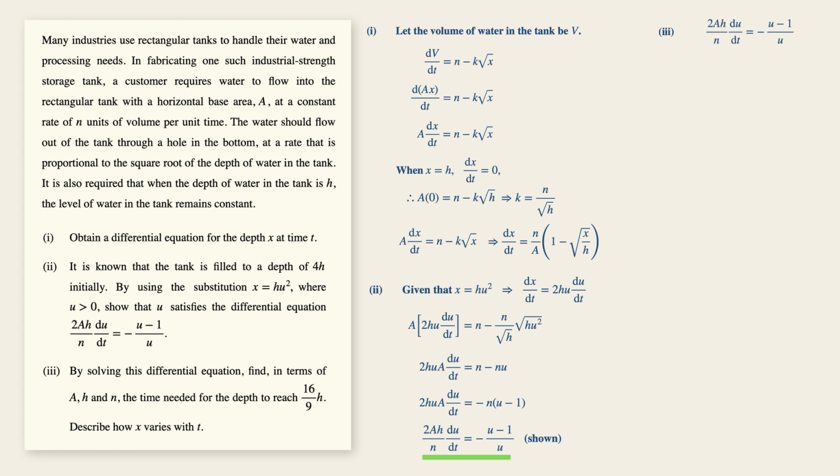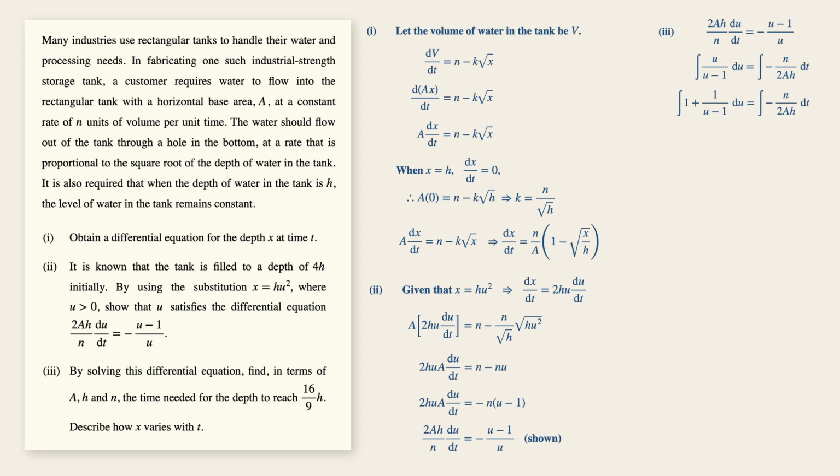Making use of this statement, let's bring all the terms of u to the left-hand side and the constants to the right-hand side. Using the separation of variables technique, we will then integrate both sides. This term is actually an improper fraction, which can be split into 1 plus 1 over u minus 1.